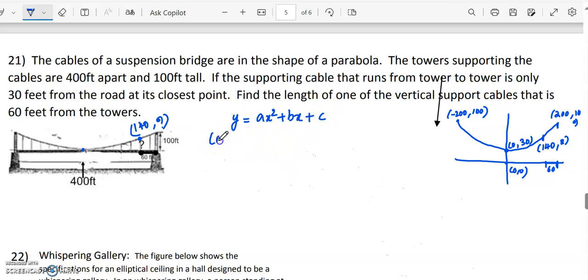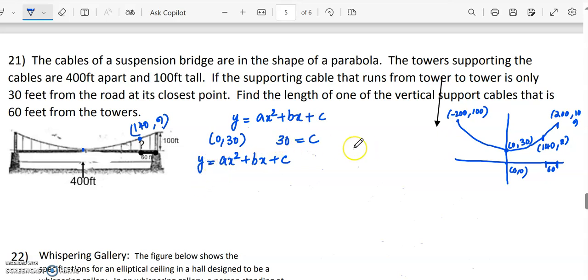Now since it passes through (0, 30), substituting x equal to 0, we get c equal to 30. So the equation reduces to y equals ax squared plus bx plus 30.